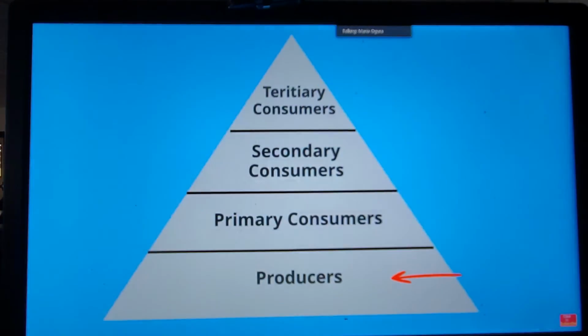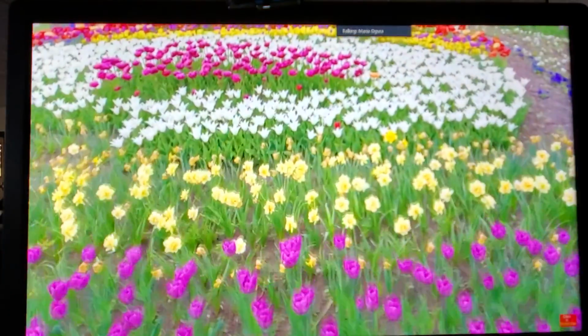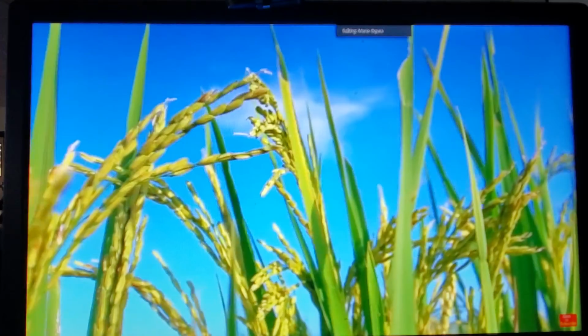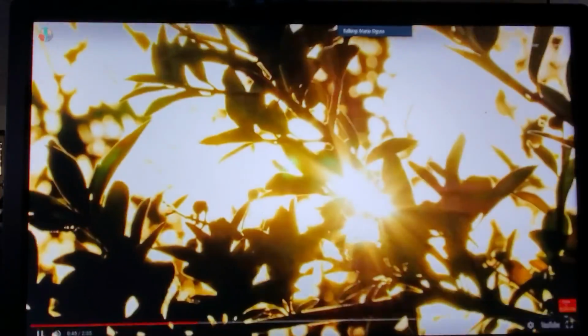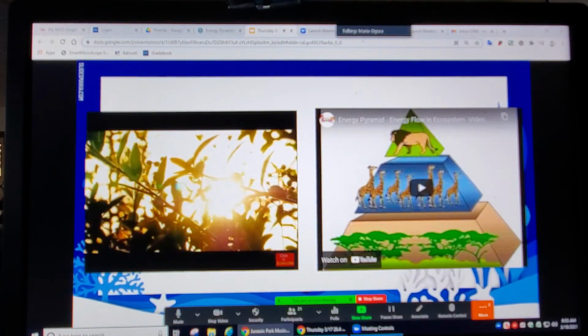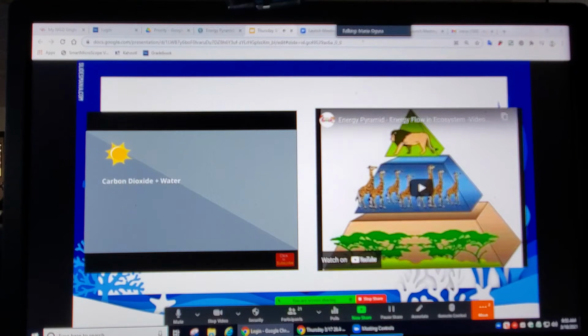You will find producers at the bottom of the energy pyramid. Examples of producers are plants. Plants are autotrophs because they use sunlight and photosynthesis in order to produce glucose, which can be converted to energy. They do not rely on other organisms for energy. Plants take sunlight plus carbon dioxide and water to produce glucose and oxygen.